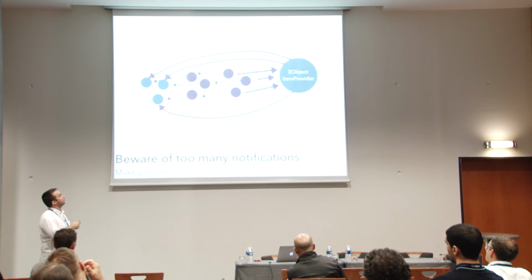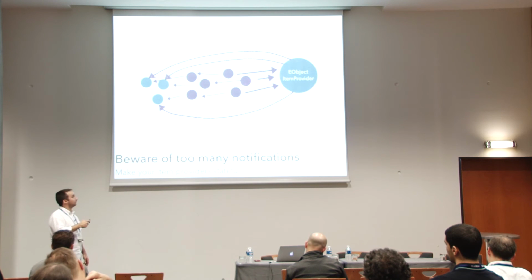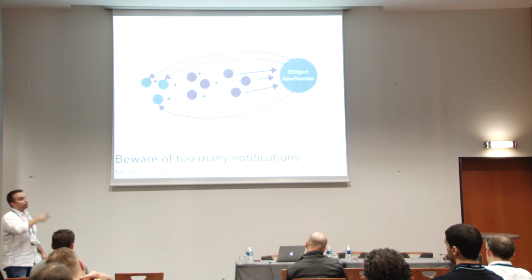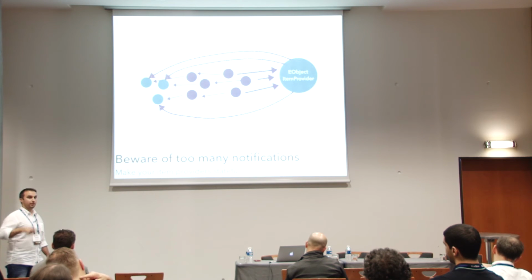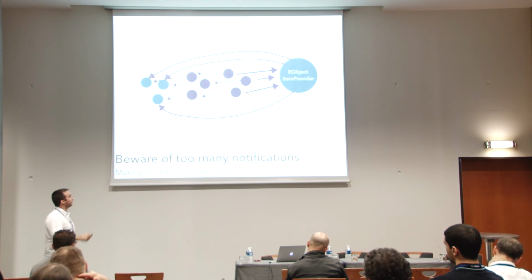Because if I change here, it will be notified. It will notify all of its listeners, and all of its listeners are these tree nodes, and each tree node ItemProvider, sorry, will notify the UI once each. So we don't want that.